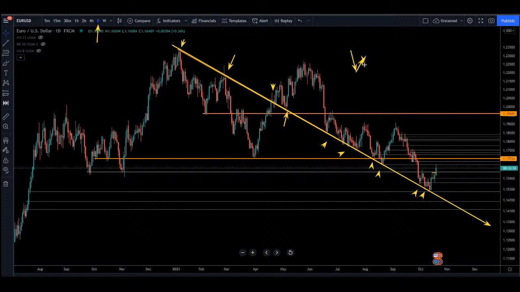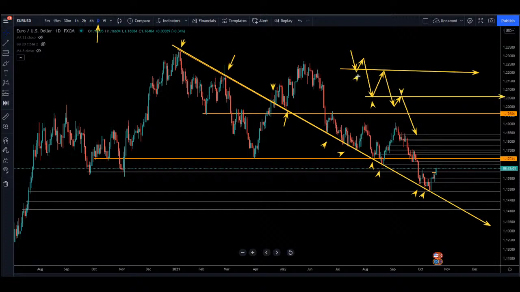Remember, a support can become a resistance, and a resistance can become a support. So, for example, if I have something like this, which is a downward trend, I also have horizontal levels, right? This one over here was a support, and then it became a resistance. So what do I have to do? I just have to wait, and that's the hard thing.